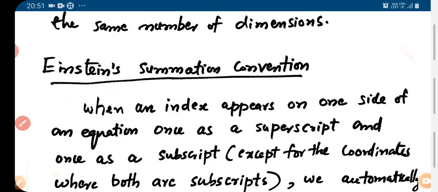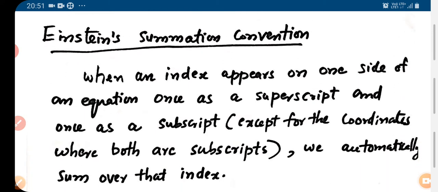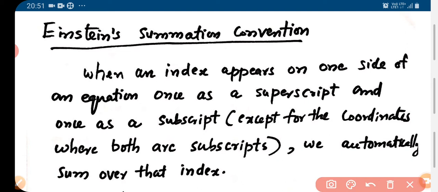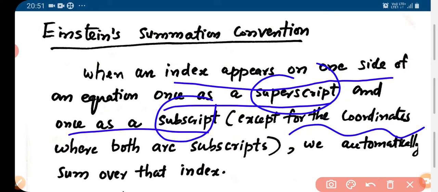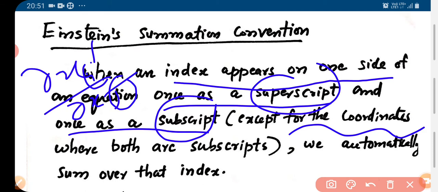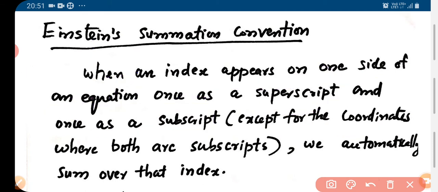Then the Einstein summation convention. In a tensor equation, if an index appears on one side of the equation once as a superscript and once as a subscript, except for the coordinates, where we have only subscripts. When we write the equation, ∂x_i', ∂x_j, here i and j are subscripts; for the coordinates, it's all subscripts.